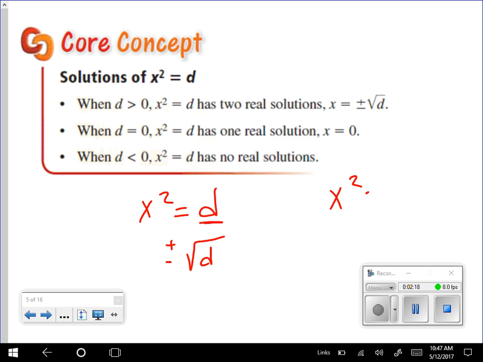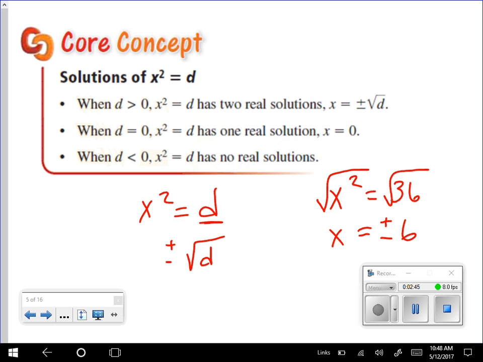So x squared equals 36. Something pretty simple. To solve this, we would get x alone by taking the square root, because something squared and the square root are inverses of each other. They cancel each other out. I have x left. Whatever I do to one side, I have to do to the other. So the square root of 36 is, yes, indeed, 6, but we have to consider plus or minus.